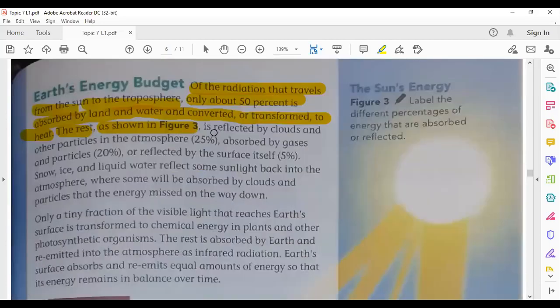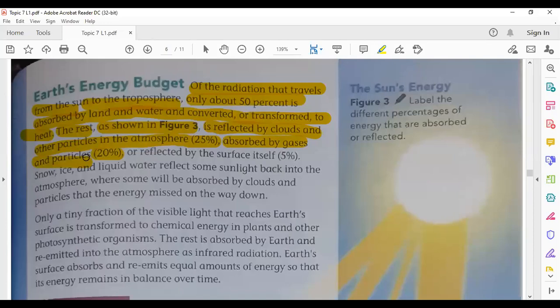The rest, as shown in figure 3, is reflected by clouds and other particles in the atmosphere. So 25% of the radiation is reflected by clouds and other particles in the atmosphere. 20% of the radiation is absorbed by gases and particles.